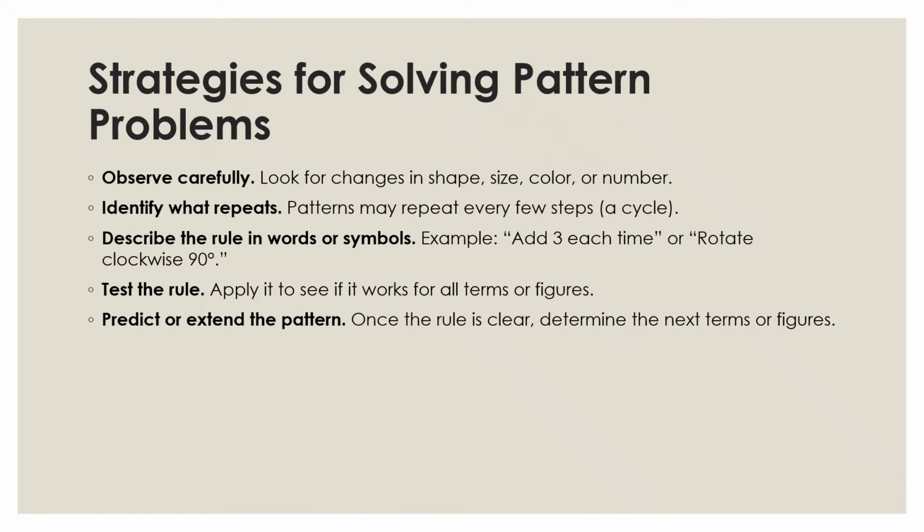In that case, you also need to make sure that the rule you create, your conjecture, would hold true for whatever answer you fill in for that missing part. And then, of course, you will be able to predict or extend the pattern. Once the rule is clear, you'll be able to determine the next terms or figures.